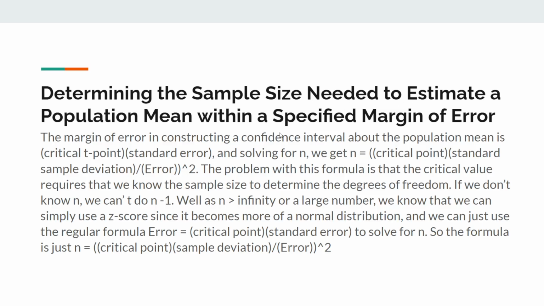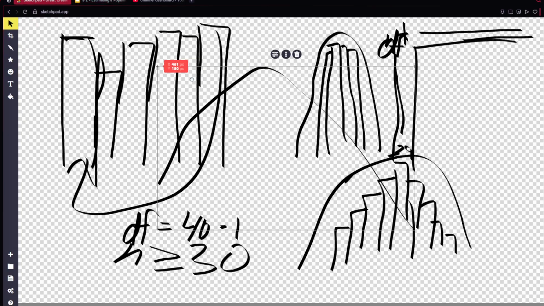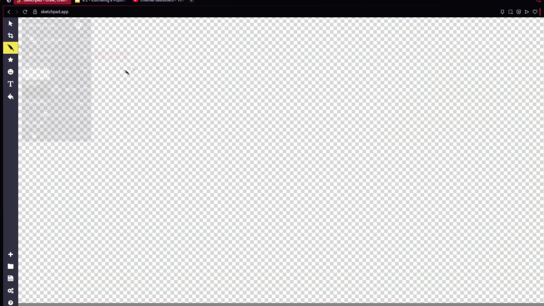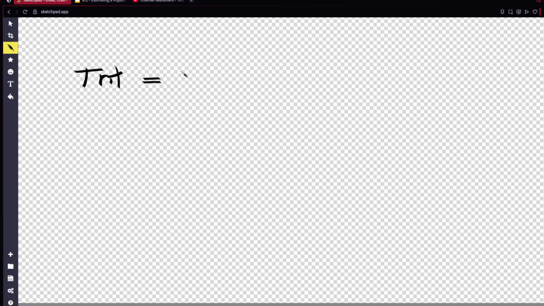Determine the sample size needed to estimate this. So if we rearrange the formula, the confidence interval, which we'll write as I, is equal to the critical t-point times the standard error.